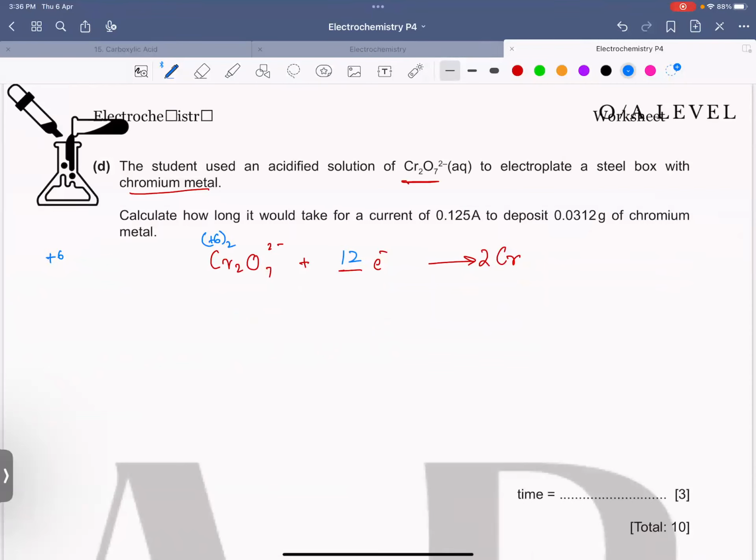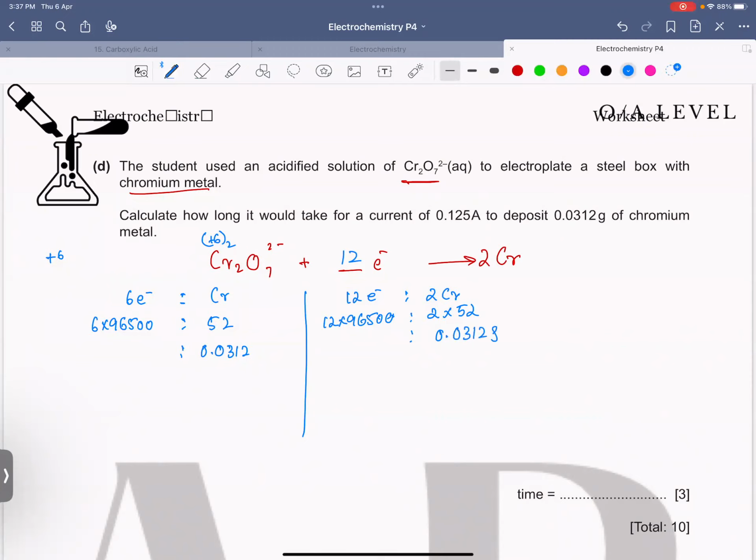So we can attempt this question in two ways, either relating 6 electrons with one chromium or 12 electrons with 2 chromium. So 6 times 96,500 times 52, and here 12 times 96,500, twice of 52. The mass that is obtained is 0.0312 gram, and here what do I need?